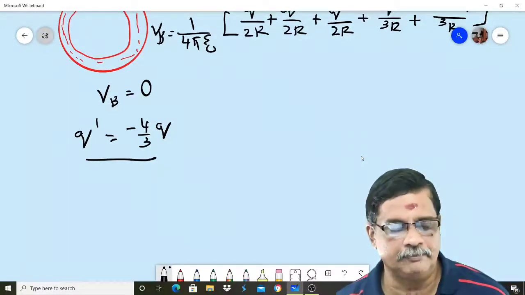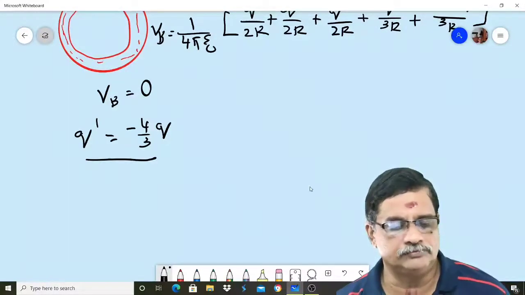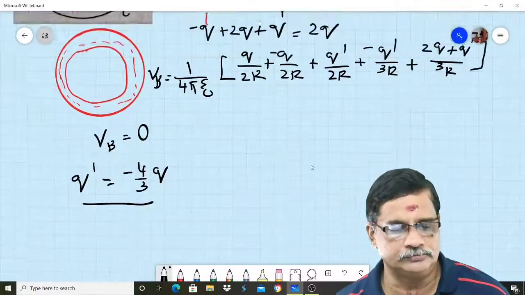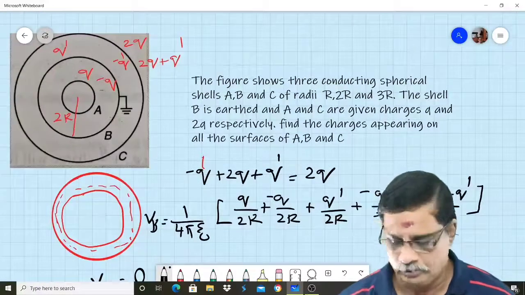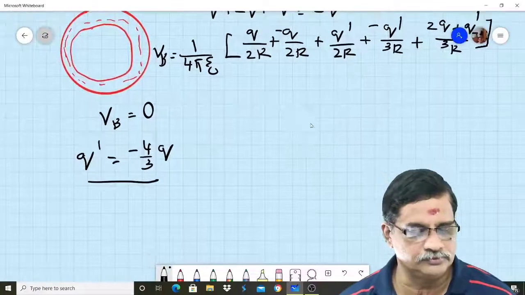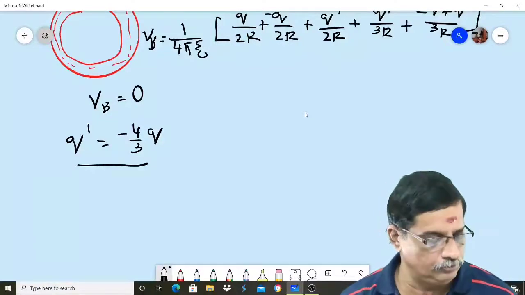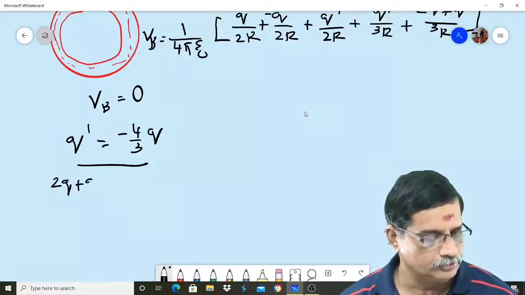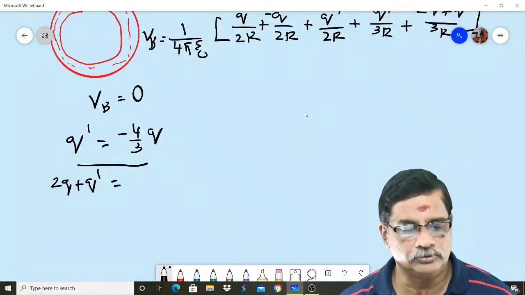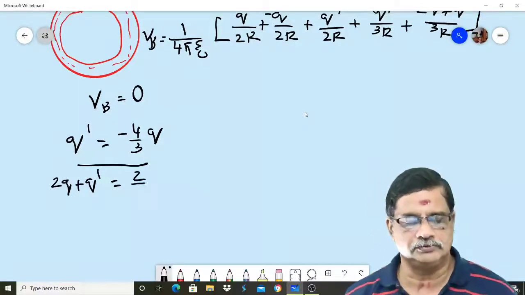Let us look at the diagram again. The charge on the outer surface of C is 2q plus q dash. So substituting for q dash, you will get the charge on the outer surface of C as 2q plus q dash, which is 2q minus 4 by 3 q, that is equal to 2 by 3 q. So that is the charge on the outer surface of C.